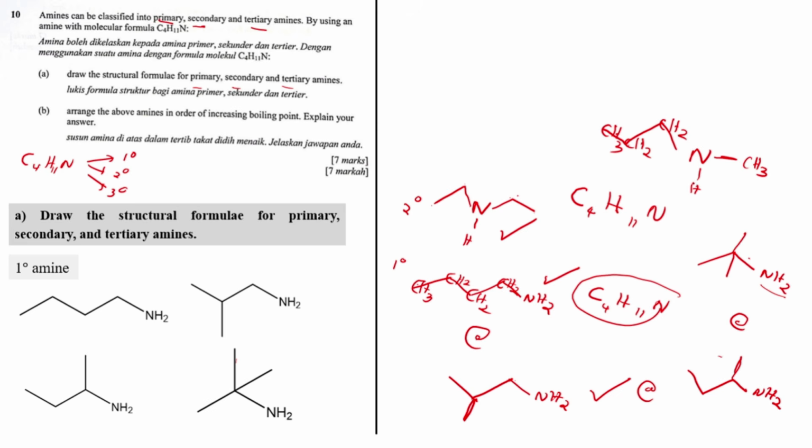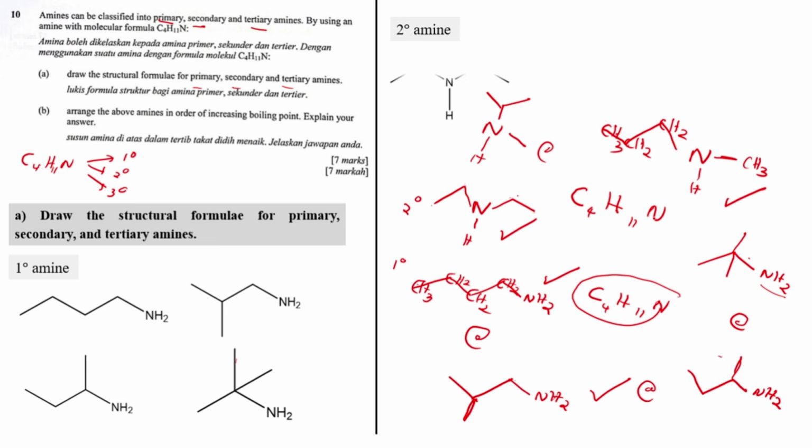So this structure will also be accepted. Or you can also make something like this, which is the isopropyl, and then a methyl, and then H. So it will also be accepted. When you count the number of carbon, hydrogen, and nitrogen, it is still consistent with C4H11N.